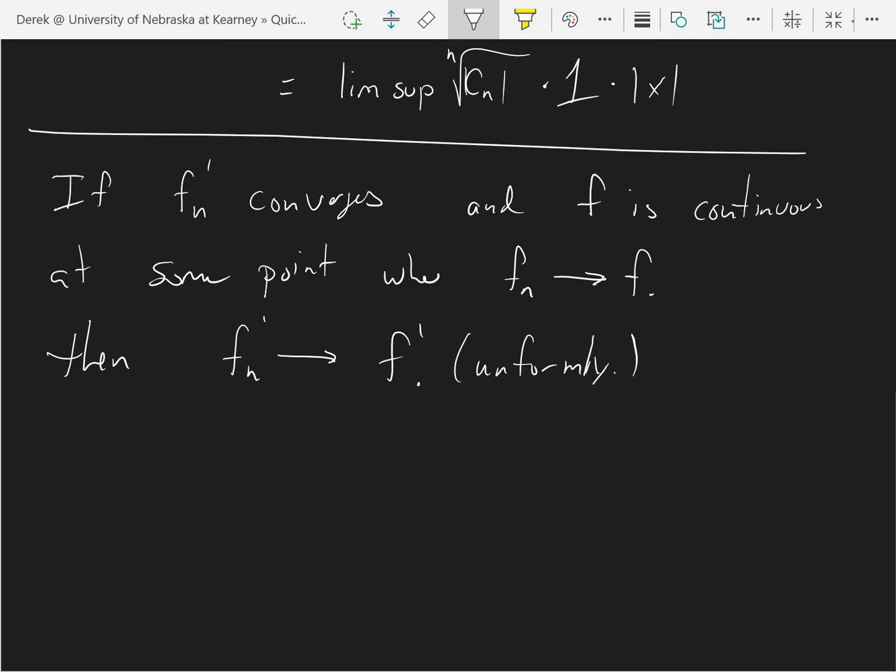That's exactly the case that we're in. F is continuous because we showed uniform convergence of polynomials. Those polynomials are all continuous, and uniform convergence of continuous functions is continuous. This we showed by the Weierstrass M test.